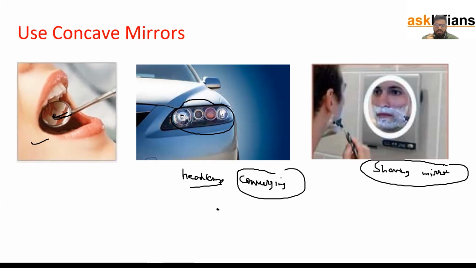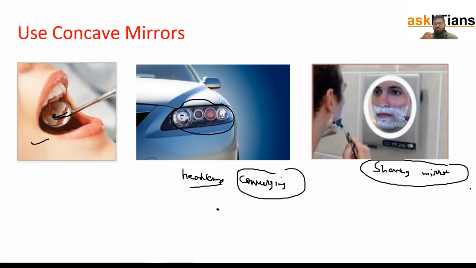For a better shaving, you need a much clearer view of your face. Getting my point? To get a much better shaving so that you do not get any cuts, you need a much more enlarged view so that you will be easily able to see the face. So for that enlarged view, you keep your face near to the mirror.